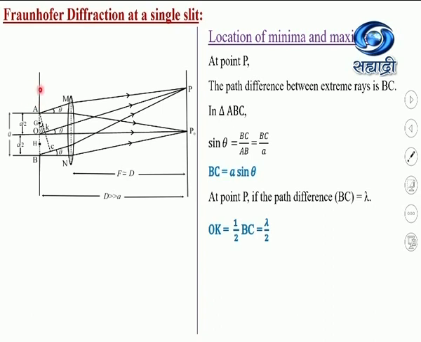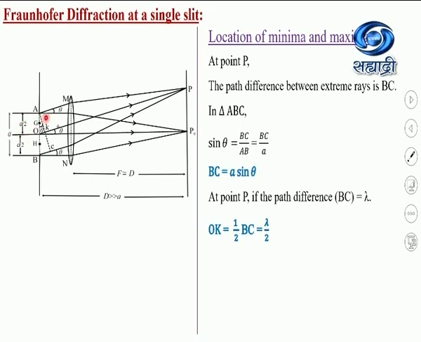These 2 points A and O are separated by distance a by 2. So these 2 points A and O, when they emit light waves, they have the path difference equal to lambda by 2 at point P. Now we consider another pair of points, point O and point B. They are also separated by distance a by 2.